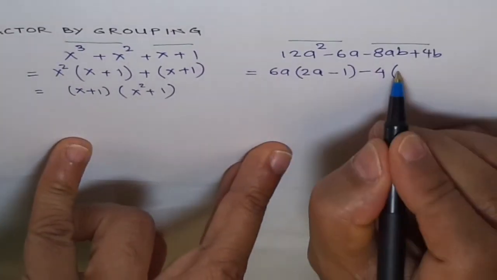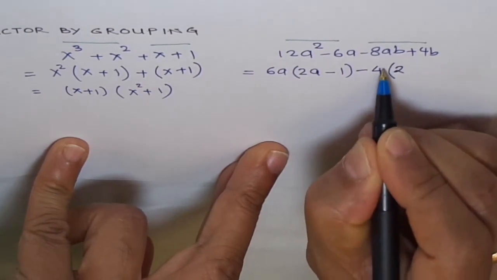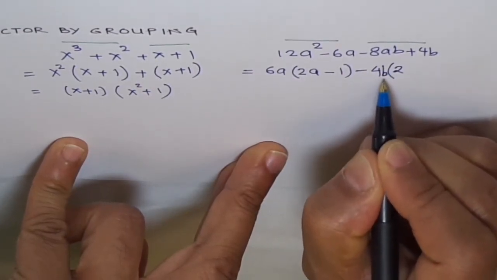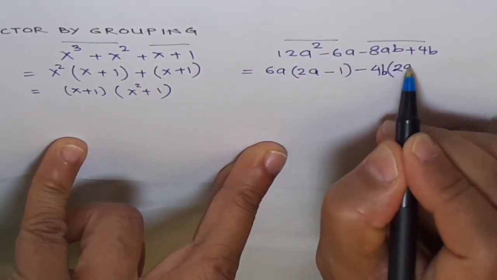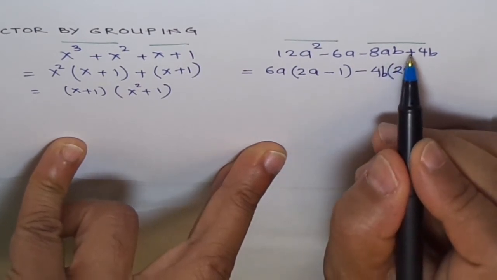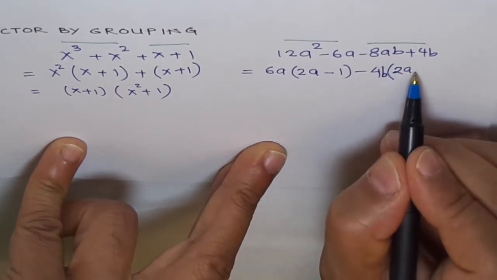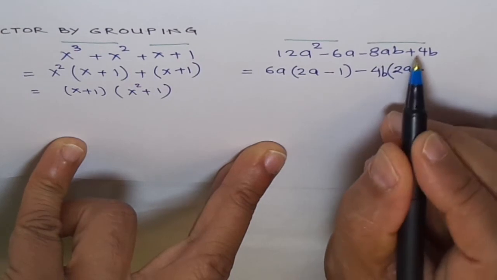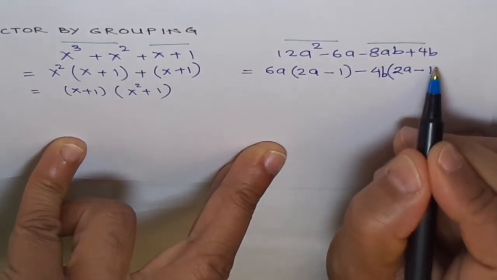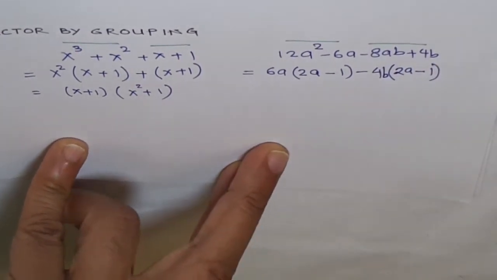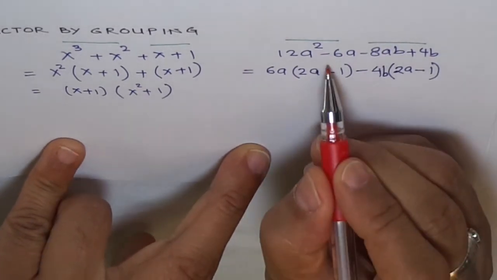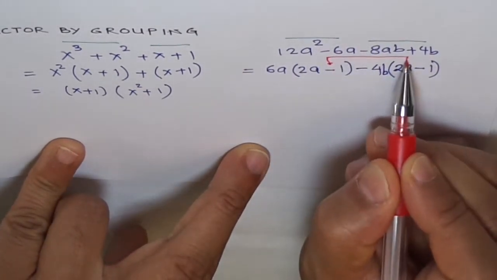So we get 2, or b is also common. So let me put b there, right? 2a. Now, when you divide plus by minus, what do you get? Minus. That's important. 4 divided by 4, 4b is there, so it's just 1. So what we were looking for, actually what technique we used was, do you see these two common?